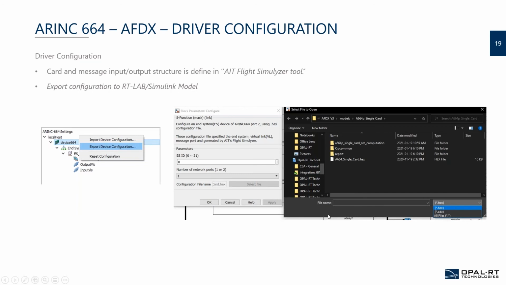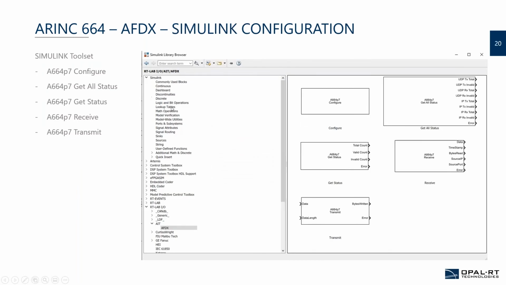It's a binary file that has all the configuration of the driver that you defined in IET flight simulator. After that, from the GUI in Simulink, you import this file directly into your configuration panel in the Simulink environment for AFDX.